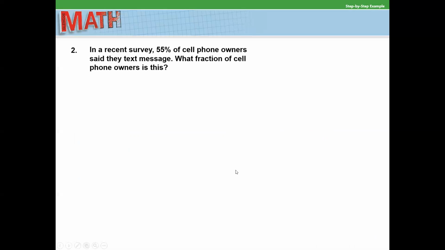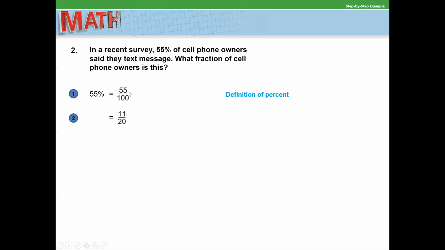In a recent survey, 55% of cell phone owners said they text message. What fraction of cell phone owners is this? 55% equals 55 parts per 100. We simplify.